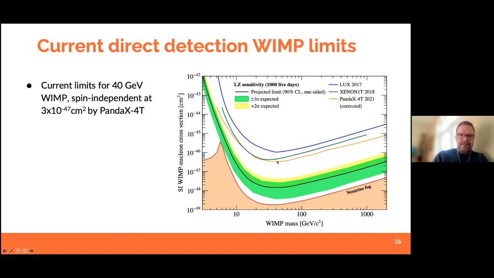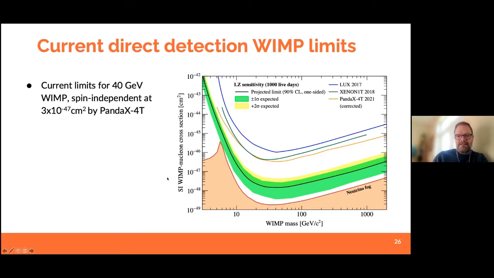So you can see that what we expect to reach in the next 5 years or so is a factor 50 improvement, if I got it right, in the cross section. So it's quite something.